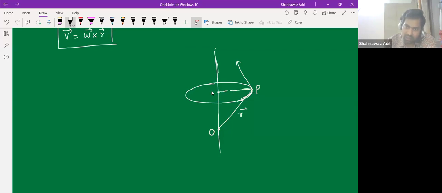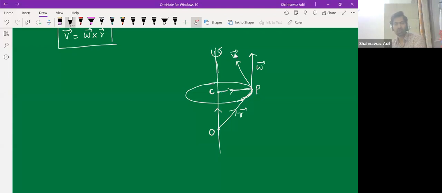And this is the axis. So this is this direction, and we want to calculate the angular velocity omega. We know this is the omega, right? So the perpendicular direction is this, this is v.